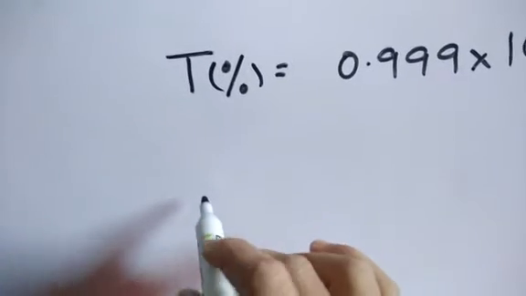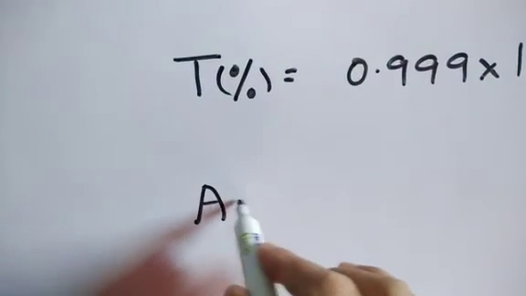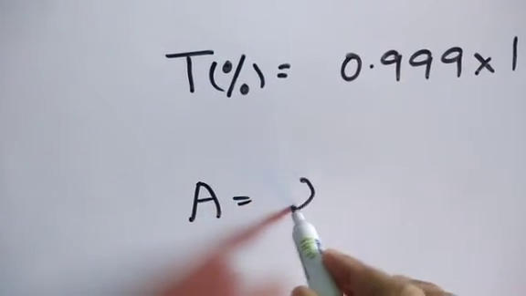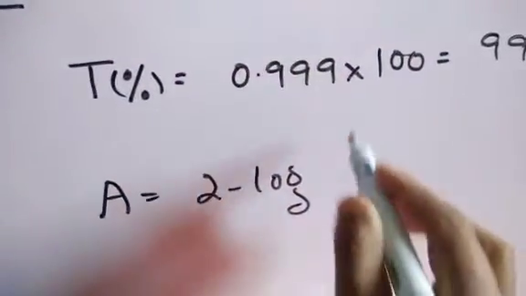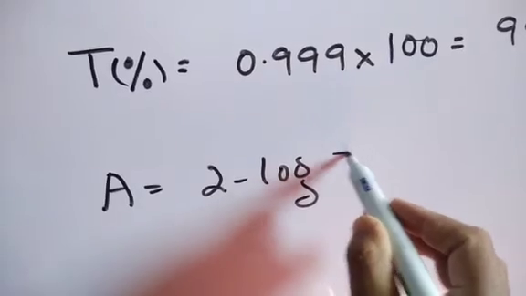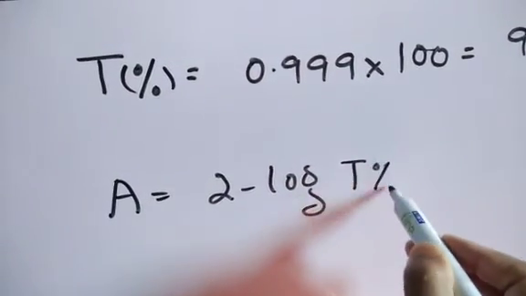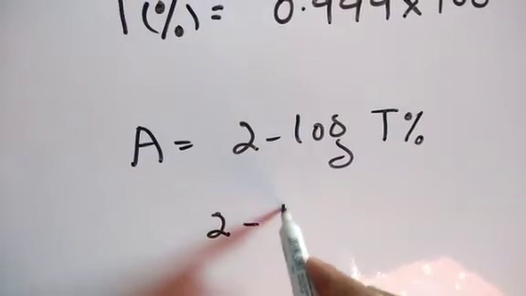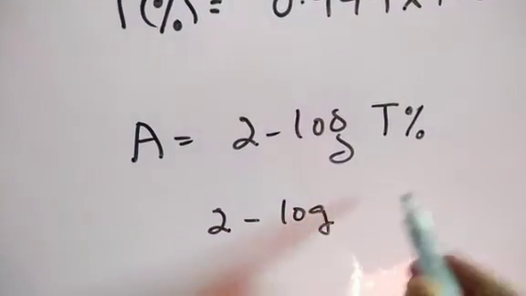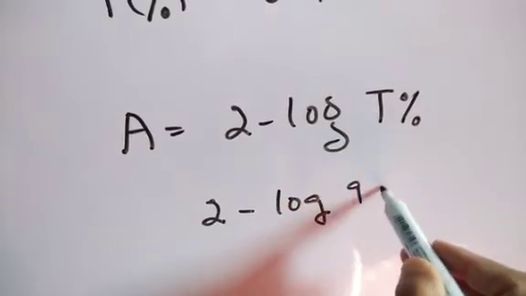Now we'll use our formula that absorbance is equivalent to 2 minus log of transmittance as a percentage, 2 minus log of 99.9.